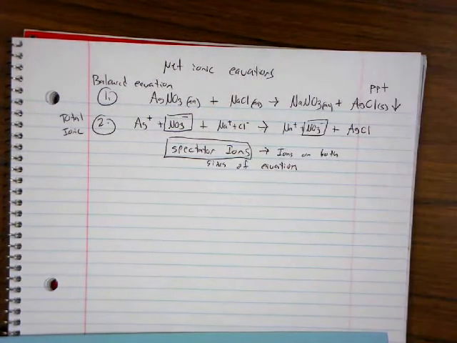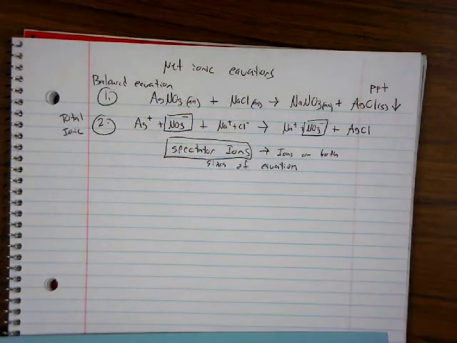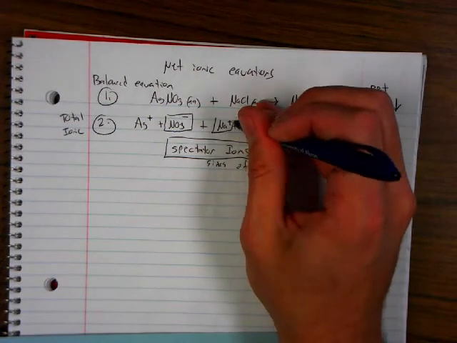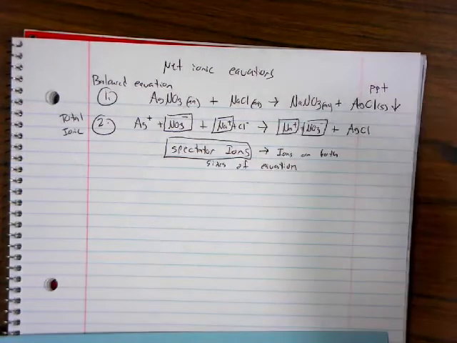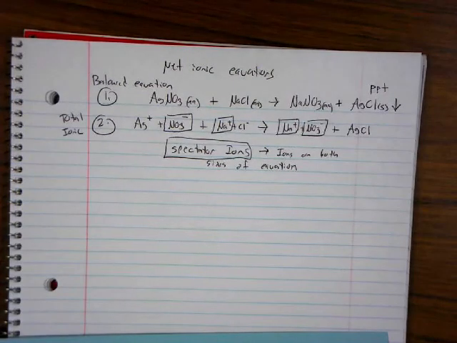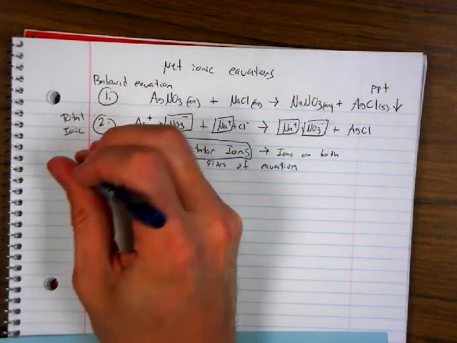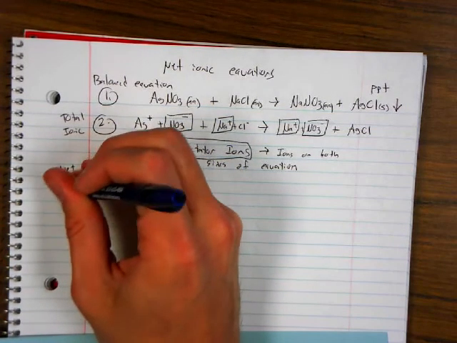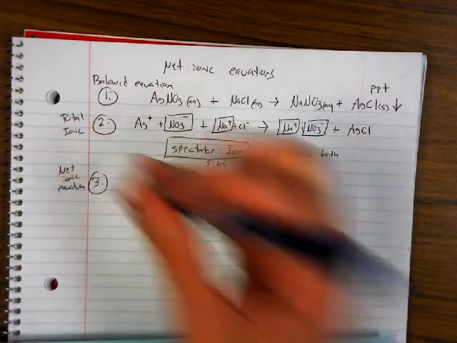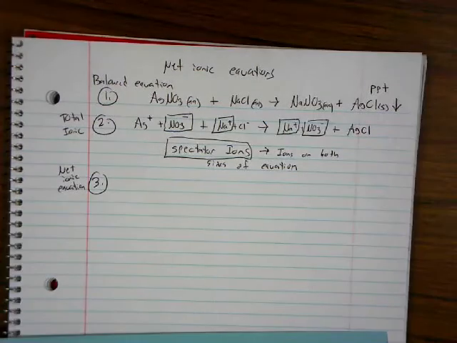So my spectator ions are NO3. You guys would agree NO3 is on both sides, yes? I like to box my spectator ions. That's a spectator ion. Do I have any other spectator ions? Sodium. This is a spectator ion. So in the total ionic equation, I break everything up and I figure out what my spectator ions are.